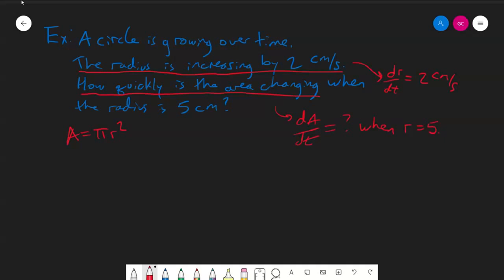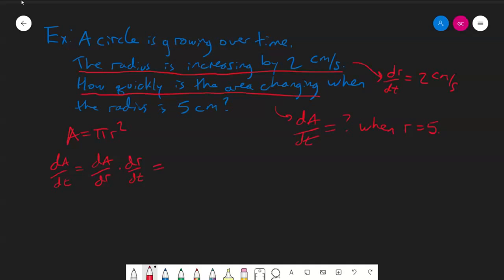Well, the idea here is that since A and r are related by this equation, if I want dA dt, I want dA dr times dr dt. dA dr is just the natural feeling derivative. It's the derivative of A where r is the variable.